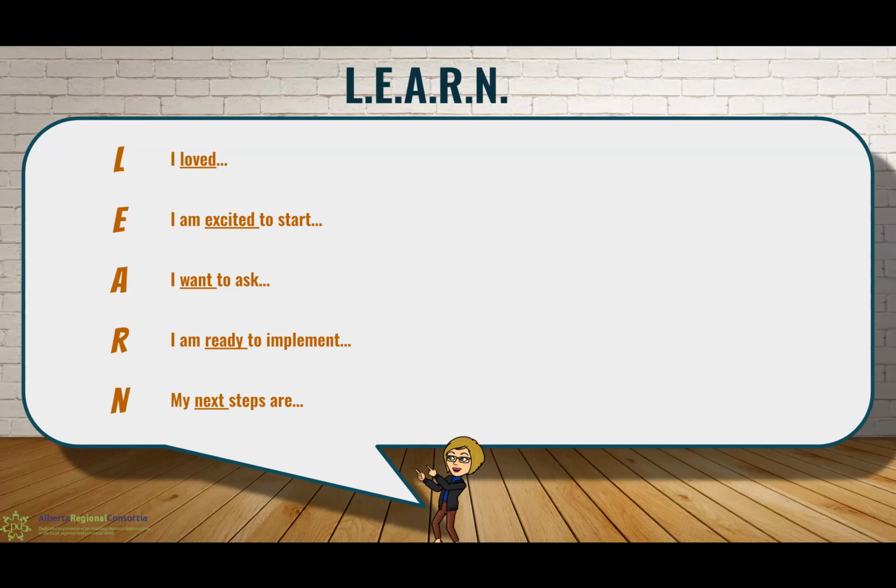And N is, what are your next steps? So I gave you some sentence starters there that you can build your thinking on, and I'll just leave that up for a moment so you can jot that down. So as we go through the session, maybe there are some things that you can add to this type of note catcher.